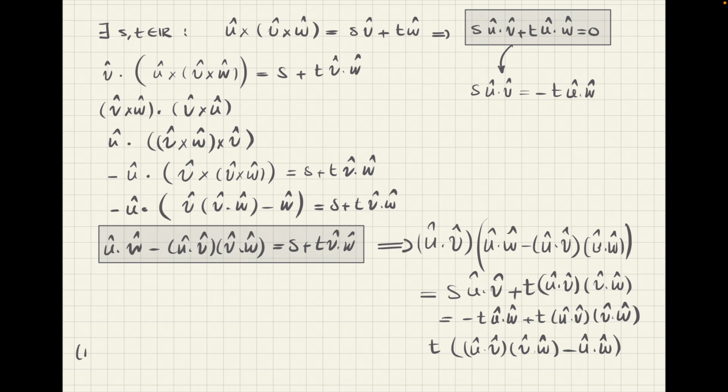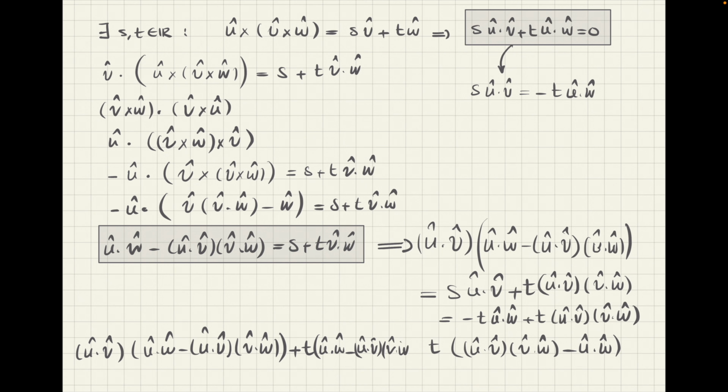Then it becomes U dot V, and then I will have U dot W minus U dot V, V dot W, and then plus T, and then I will write U dot W first minus U dot V, V dot W, equals 0.